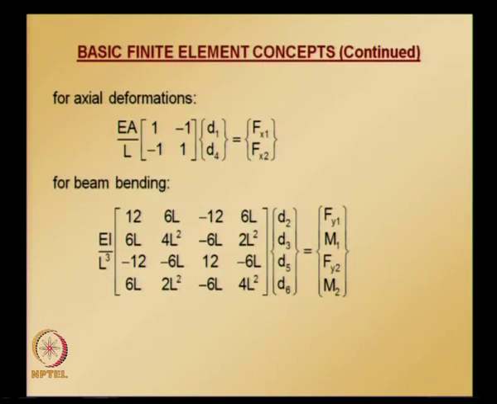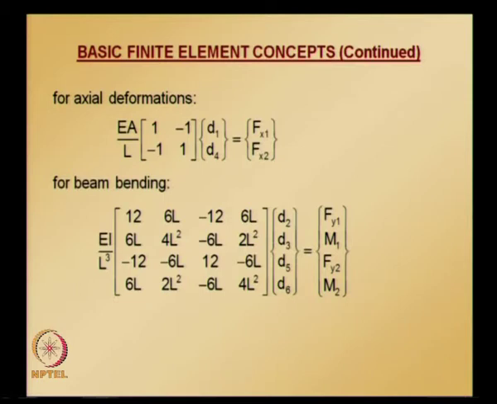So, carefully noting down the degrees of freedom in the order they appear, we can get the global equation system for the frame element. The complete equation for a planar frame element in the local coordinate system is simply a combination of these 2 sets of equations, that is, element equations corresponding to axial deformation and element equations corresponding to beam bending.